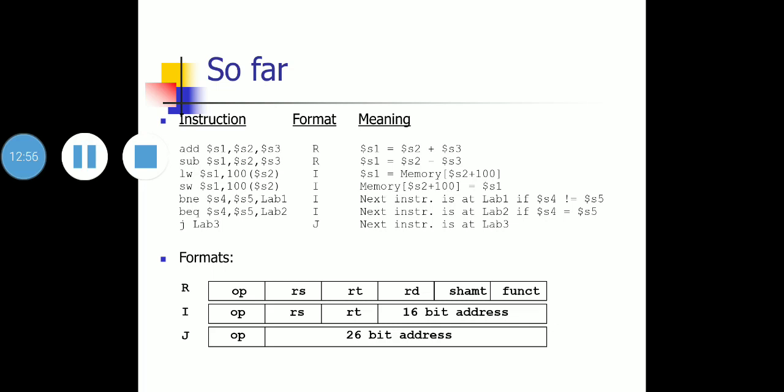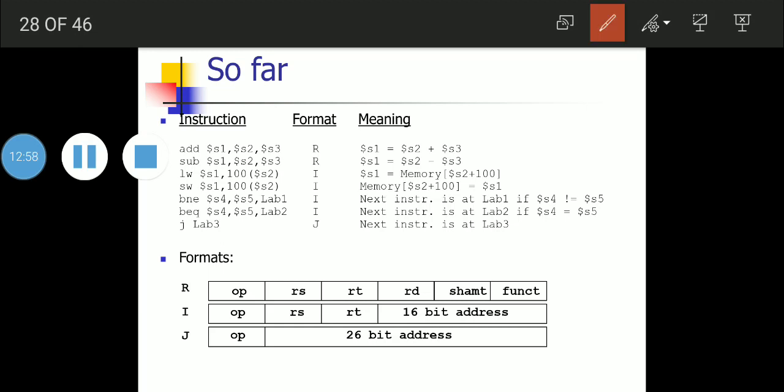Second is the subtraction instruction, which again also has only 2 source registers and 1 destination register. Similarly, load and store have 1 destination register, and another one is the memory address, which denotes from where it needs to be fetched in case of load instruction, and to which we need to store in case of store instruction.